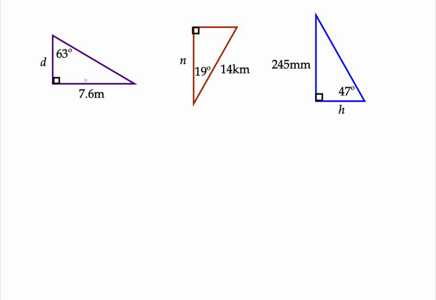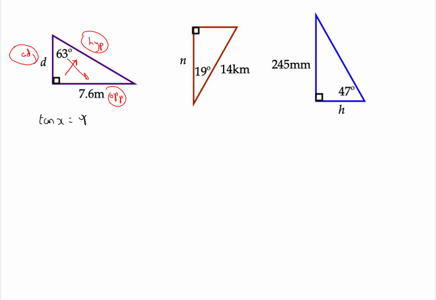Okay, so let's label our sides. Hypotenuse, opposite, adjacent. Write down the formula.